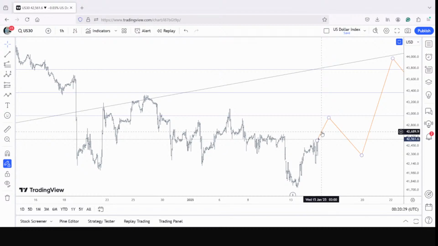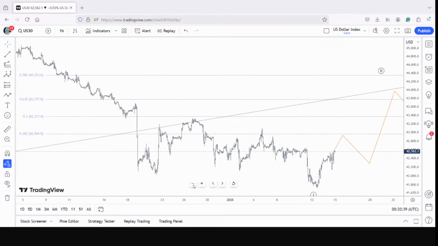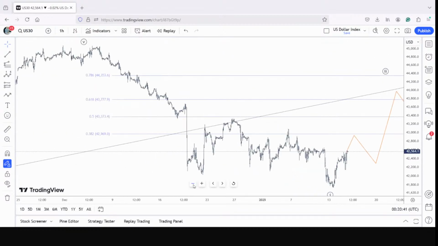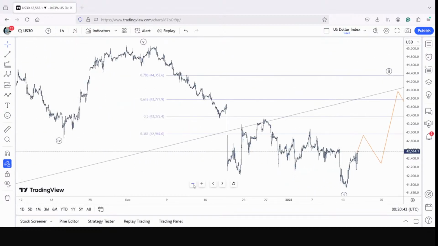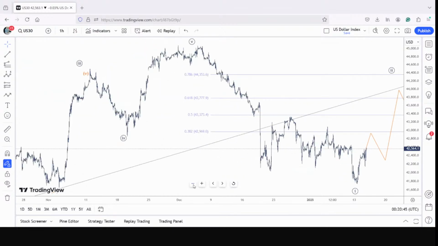Maybe one last push higher, and that should give way to the corrective decline, and then the third wave or C wave. So by the time the C wave is complete, we should be around the 20th of Jan.